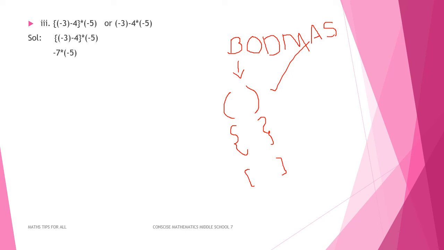So here, you have small braces in minus 5, but do you have any arithmetic operation inside that? No, we don't have any arithmetic operations to be performed inside, right? So our next preference is the flower bracket. Do you have any arithmetic operations in this flower bracket?